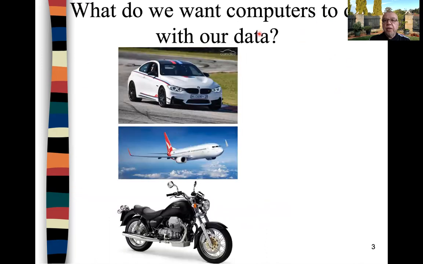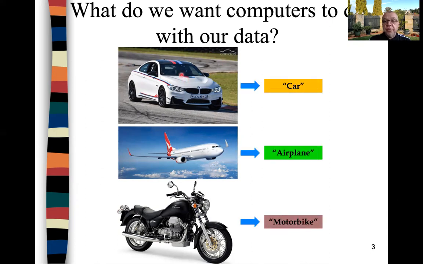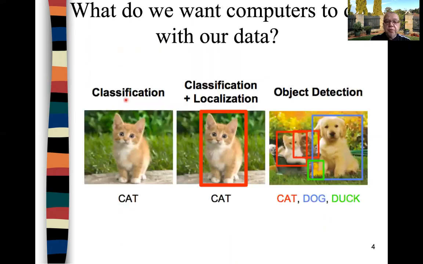So how do we want computers to deal with our data? These are some of the operations we perform. If you have a car, you want a system which would automatically tell you this is a car, this is an airplane, this is a motorbike. And then you can classify into different types of animal, for example.